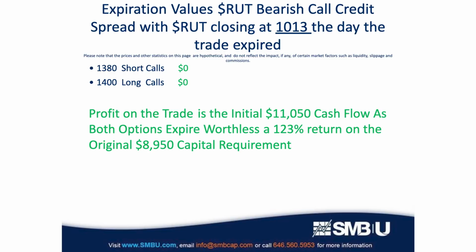And so having no value unless they expire in the money, both of those calls, which are far, far above the market price of the RUT, had expired worthless, leaving us, as they did with the iron condor, with a trade where the original cash flow, again, is the trade's profit, in this case over $11,000 and well over a 100% return.